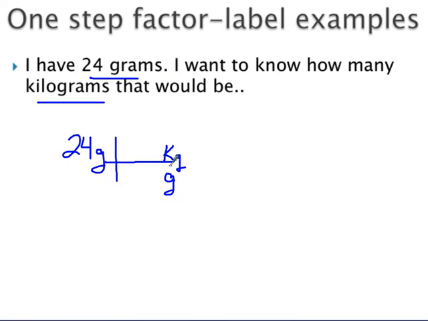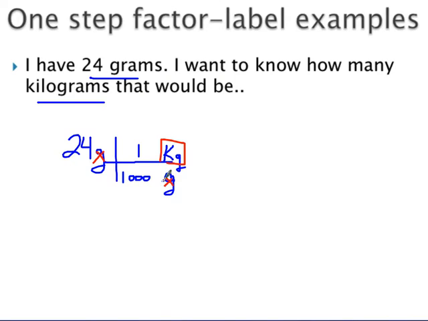From here, you have to look up or potentially have memorized the conversion factor. So we know that kilograms are huge. We know that for every 1 kilogram, we have 1,000 grams. Now, the way I have this set up, grams are going to cancel with each other, and kilograms are going to be what's left over, and that's what we want as our answer in our units.